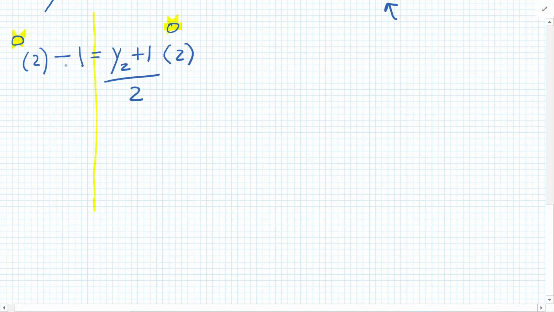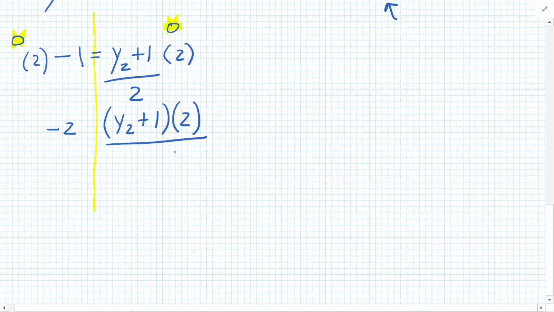We have 2 times a -1 is -2. And then we have y sub 2 plus 1. And I'm going to put that all in parentheses because when we bring that 2 up, it's going to have to be multiplied times everything.